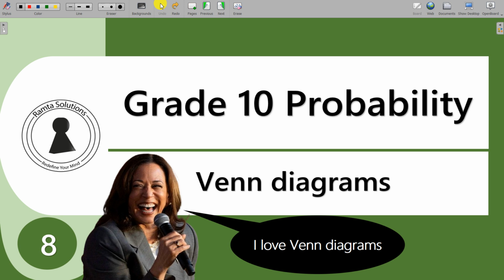And by the way, Venn diagrams are, in fact, the favorite topic in mathematics for United States Vice President Miss Kamala Harris. So guys, when you do Venn diagrams, you must know that there is one dignitary that loves Venn diagrams.